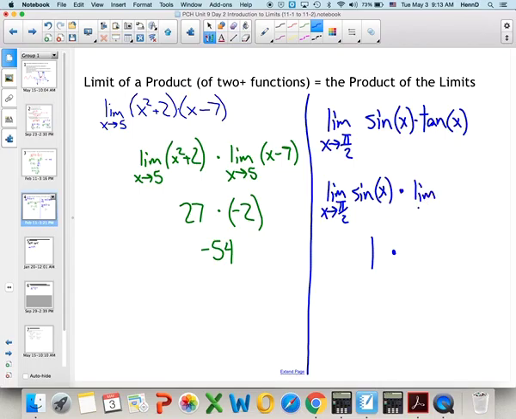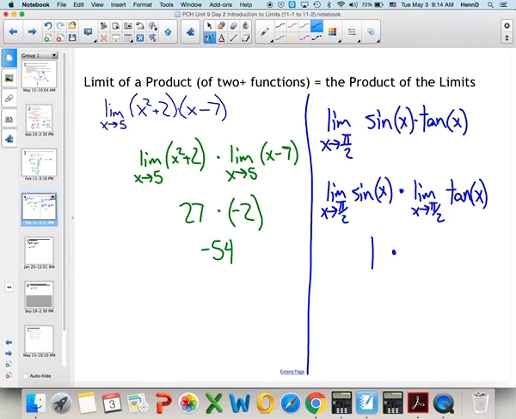What's the limit as x approaches pi over 2 of tangent of x? Is tangent continuous around pi over 2? Undefined. It's undefined there. Okay? This is undefined.